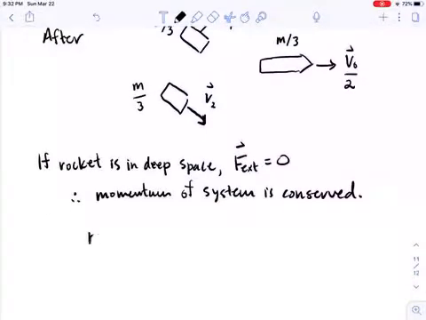So that means the center of mass momentum, m times the center of mass velocity, is just equal to m v naught before the rocket breaks apart. And so it has to be equal to m v naught at all times if this momentum conservation is going to hold.